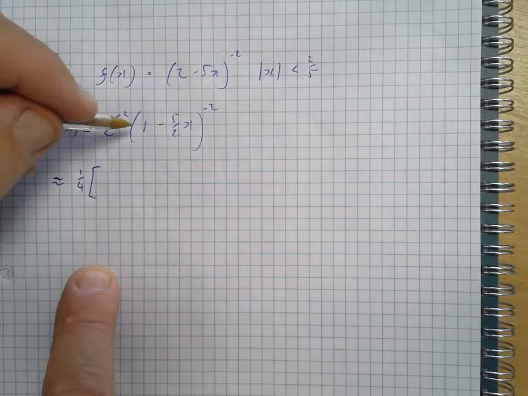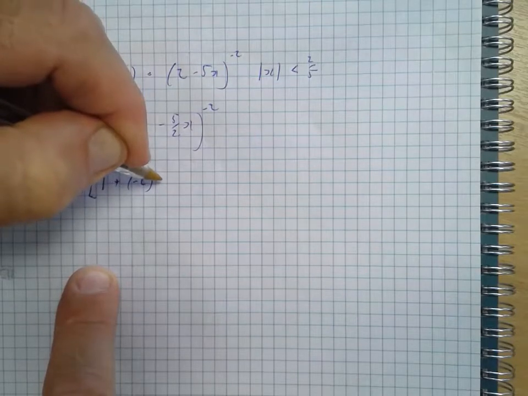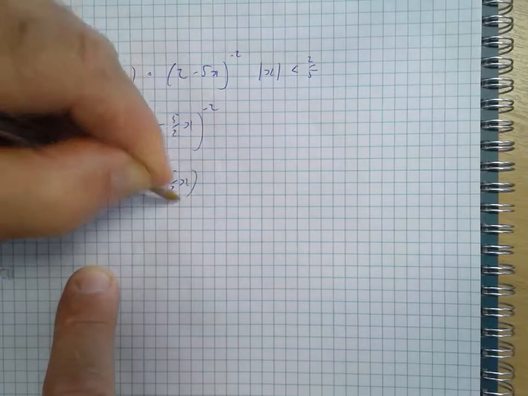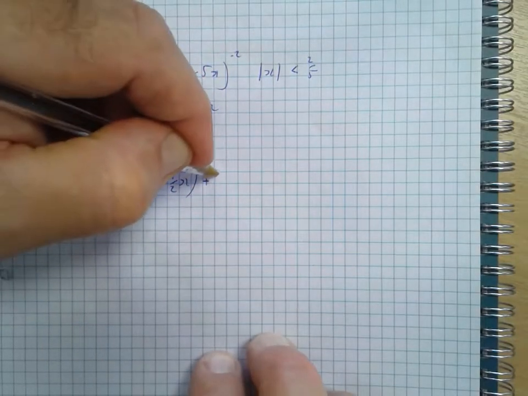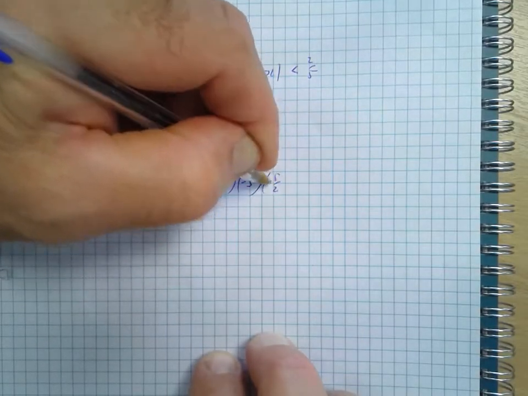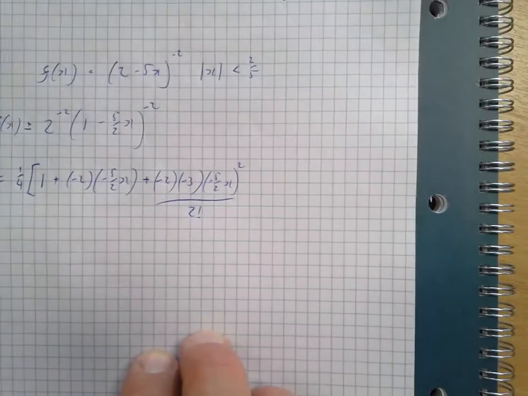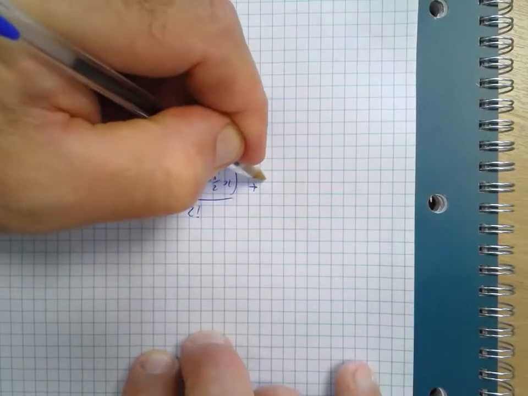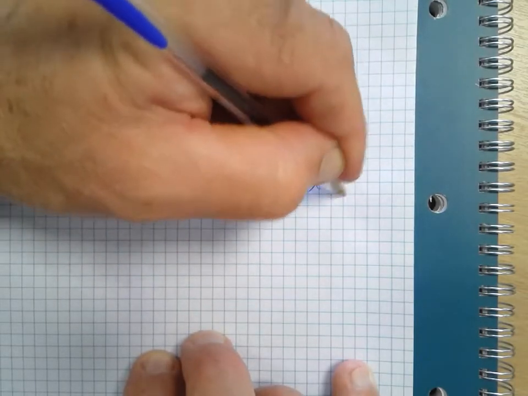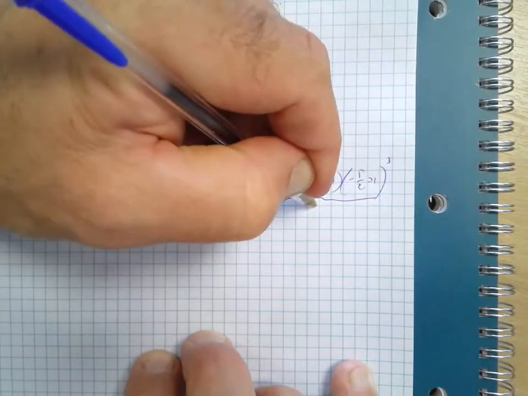And starting off with my expansion again, 1 plus minus 2 times minus 5 over 2x, plus minus 2 times minus 3 times minus 5 over 2x squared all over 2 factorial, plus minus 2 times minus 3 times minus 4 times minus 5 over 2x cubed all over 3 factorial.